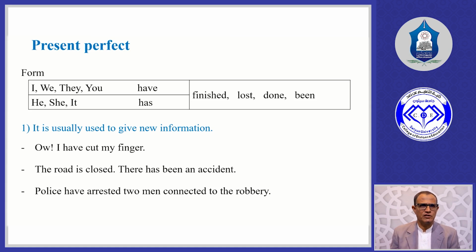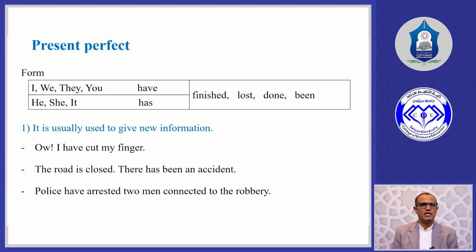This tense is usually used to give new information sometimes. When I say, for example, oh, I have cut my finger, this is new information, to tell someone some new information, but there is no specific time for the action that happened. So we use the present perfect tense.